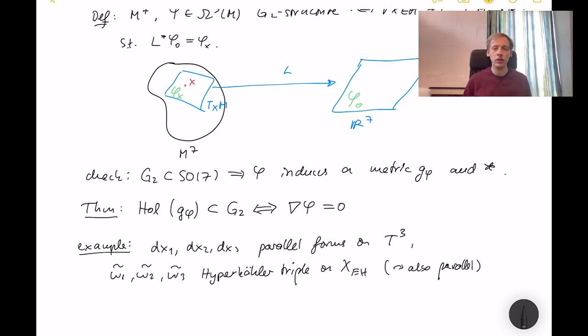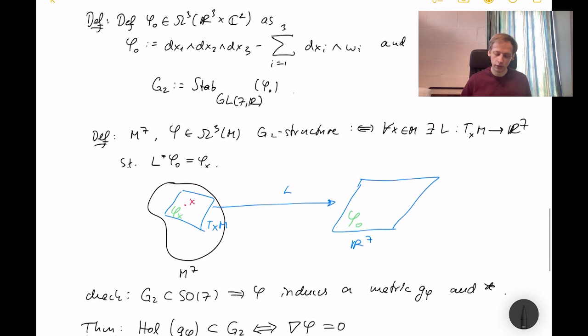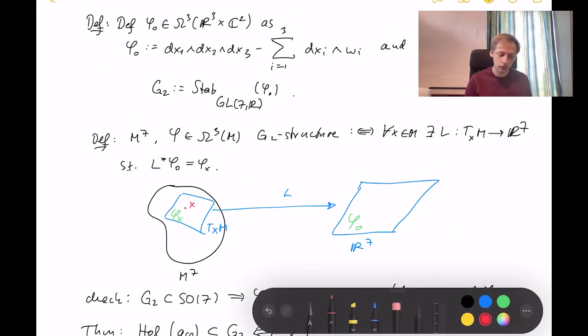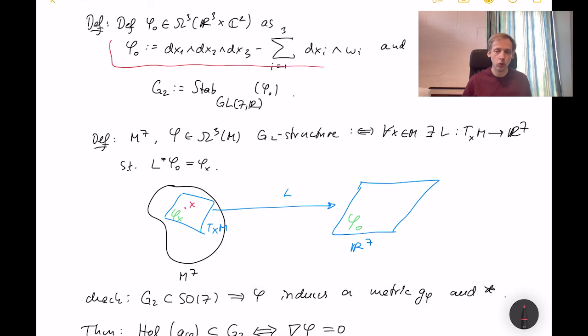And what you can do then, if you have these dxi and these omega i twiddle, you can write down exactly the same formula as here, only instead of omega i, you write omega i twiddle. And that will define a 3 form on T3 times X, and it will turn out that this is torsion free.